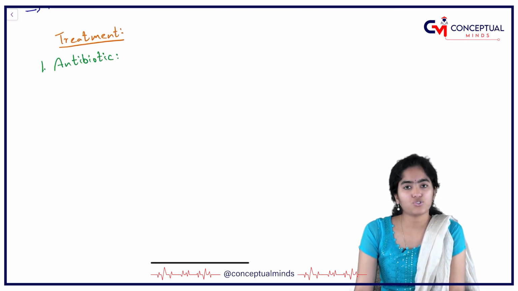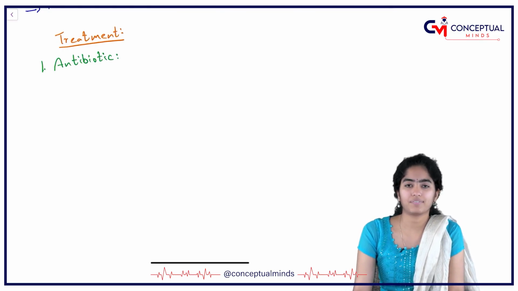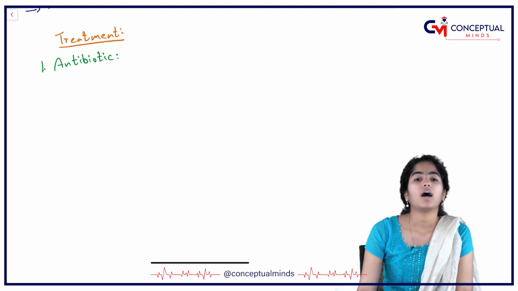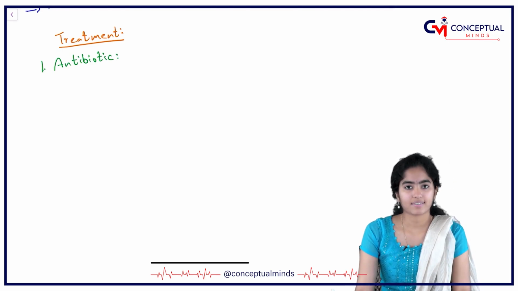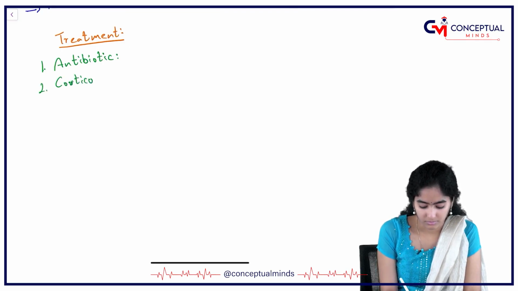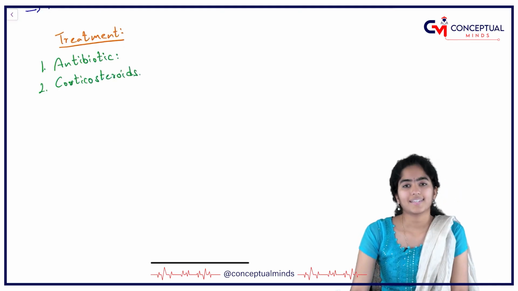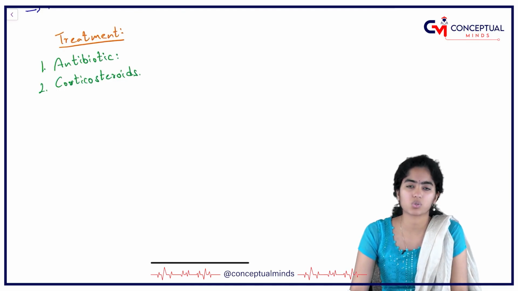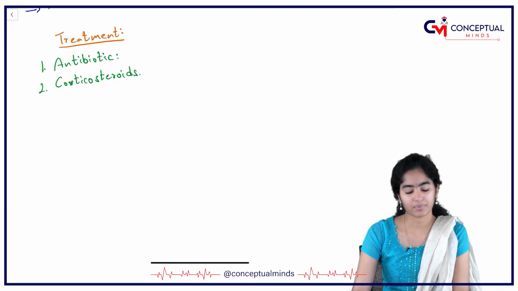We give them by intravenous route for a period of 7 to 10 days. After antibiotics, next important part is corticosteroids. This will help to reduce the neurological complications associated with meningitis.